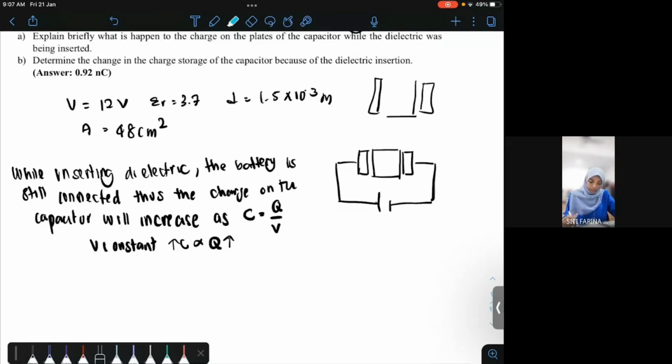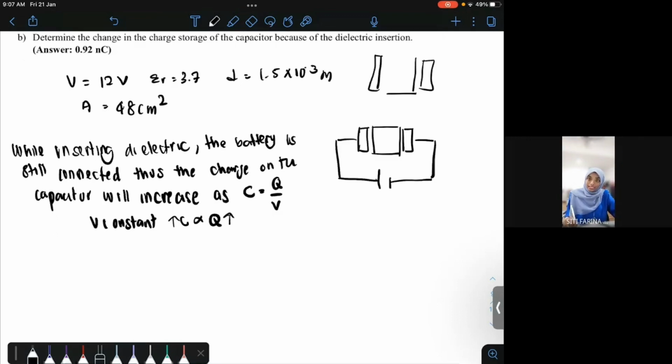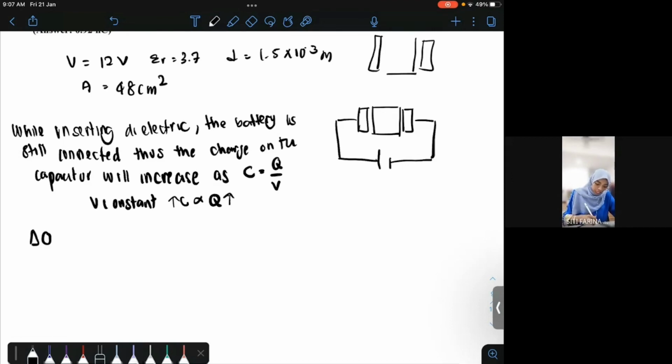To understand further, boleh tengok dekat ni lah kan, saya dah explain dah. Determine the change in the charge stored of the capacitor because of the dielectric insertion. So kita nak cari delta Q sebab dia kata change in the charge stored. Okay, so kita nak tahu perbezaan dalam Q kita. Right, so cari nilai Q after you insert dielectric, tolakkan dia dengan Q before you insert dielectric.